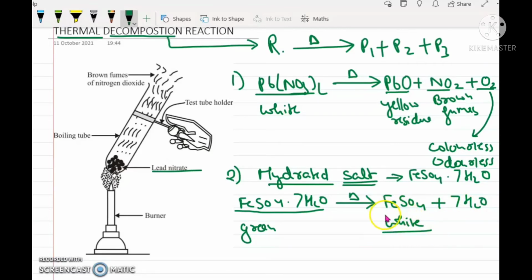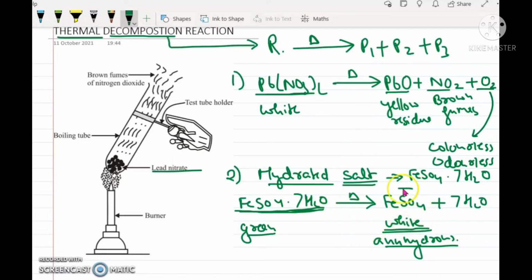So if they are starting the reaction with the white color crystals, that means they are talking about the anhydrous form of ferrous sulfate. If they are starting from the green color crystals of ferrous sulfate, that means they want you to include this step of decomposition of FeSO4.7H2O also in your reactions.